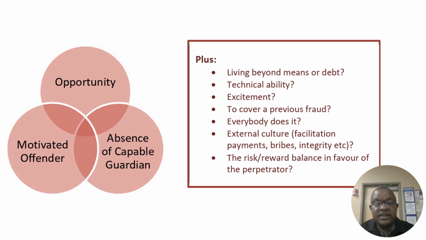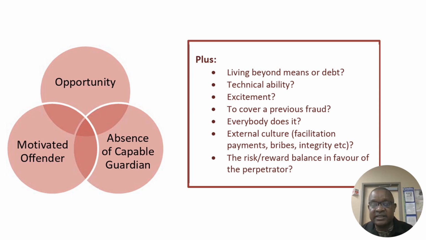We go back to routine activity theory. We see opportunity, motivated offender, and absence of capable guardian. Some of the indicators are living beyond means or debt, technical ability, excitement to cover a previous fraud, everybody does it, external culture, and the risk-reward balance in favor of the perpetrator.